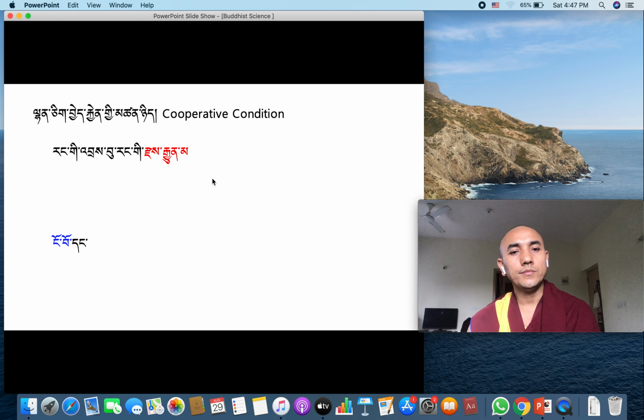So let me give you an example of substantial cause and cooperative condition. Soil, water, manure, heat: these are the common causes of both barley sprout and rice sprout.